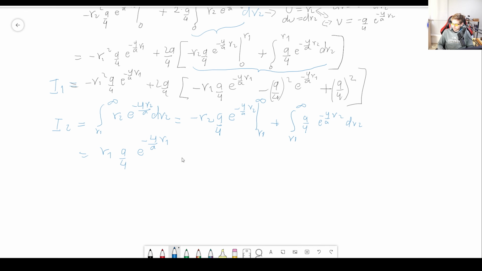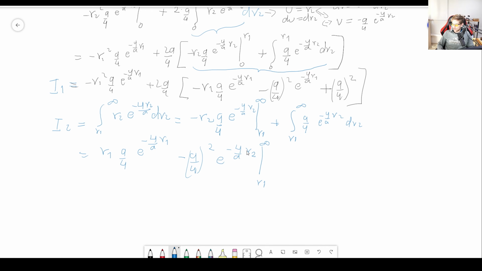And then we have this part right here, which will give us minus a over 4 squared e to the minus 4a r2 between r1 and infinity. So again, let's evaluate this right away. When it goes to infinity, this entire thing goes to 0, just as before.